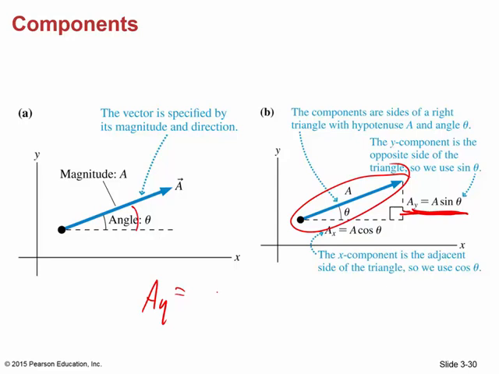Ay is equal to A, the magnitude of that vector, like 5 or 10 or 2.1 or whatever, times sine theta, okay? And again, we measure our angle. You say, well, how do I measure the angle? The best way, so that you don't have to worry about the sign, is to always measure from the positive x-axis counterclockwise, okay?